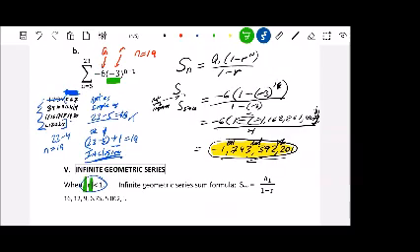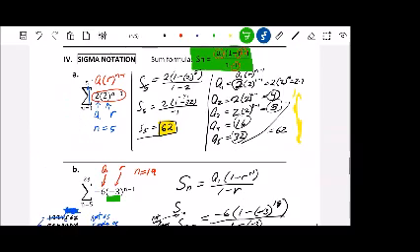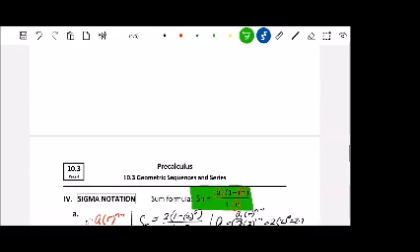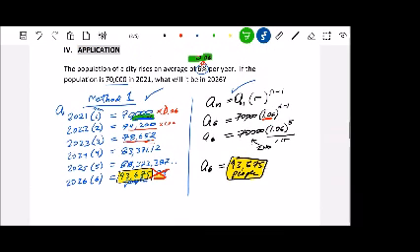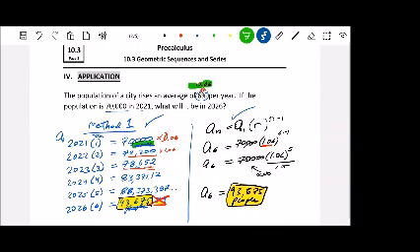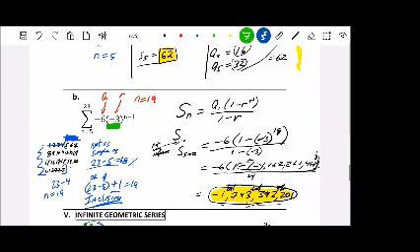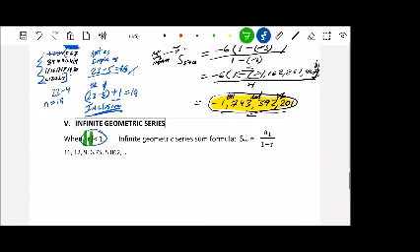Same thing on all these. Now this one, because the ratio is 0.75, let's come back here and do this one. There's an infinite geometric series.